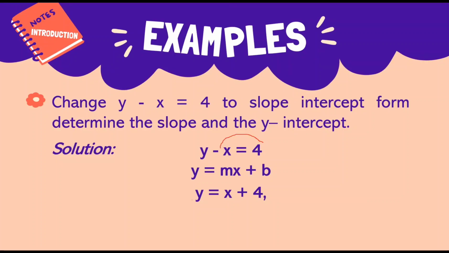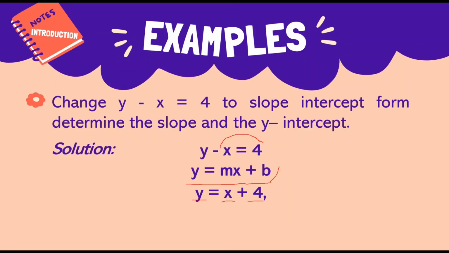So, let us have this. Y. Ito yung y. And then, equal sign kasi susundan natin itong ating slope-intercept form. Ililipat natin ang negative x to the other side of the equation, so it becomes positive x. And then, since nandito na sa right side ng equation natin ang 4, we can write positive 4.